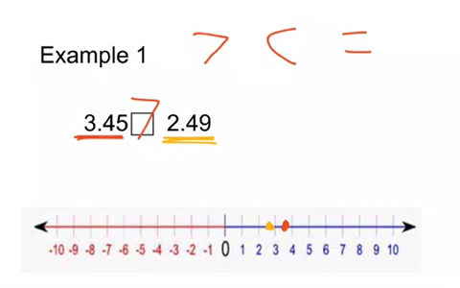So the yellow, the 2.49, is to the left of the 3.45. 3.45 is more to the right, so the farther to the right you are, the greater you are. So the farther number to the right is the greater number.